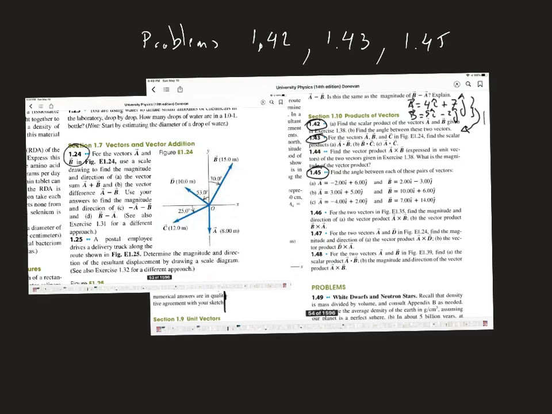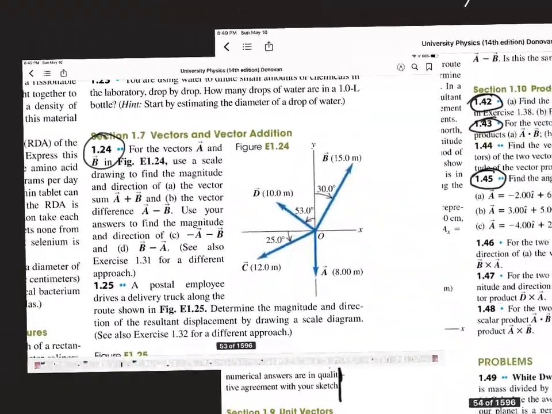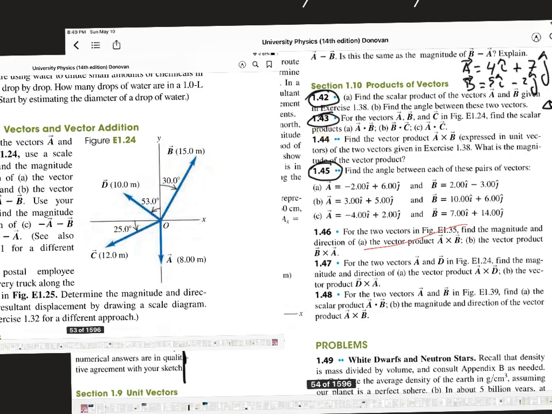Let me see. We can do these problems. I have selected, in vectors and vector addition, this one, 142. Find the scalar product of these two vectors, A and B. Well, the scalar product will be Ax by Bx, 20, minus 14.